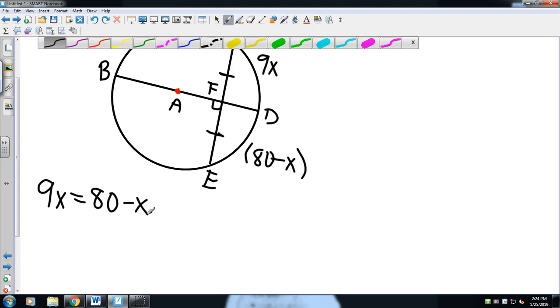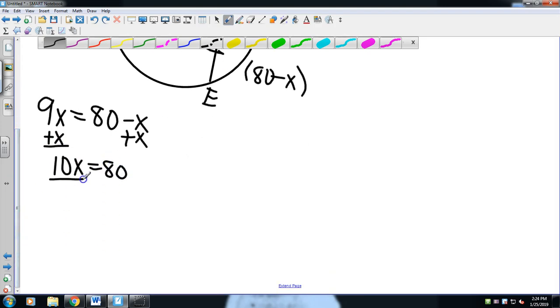And so in this case, I would add x to both sides and get 10x equals 80. And then finish that with dividing both sides by 10. X equals 8.